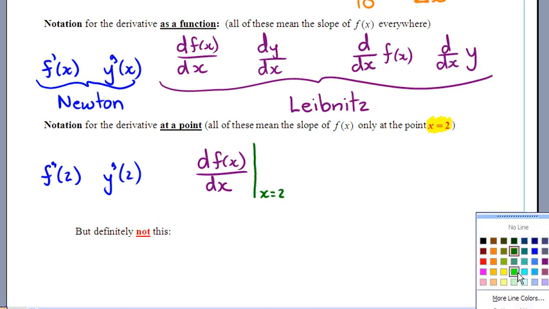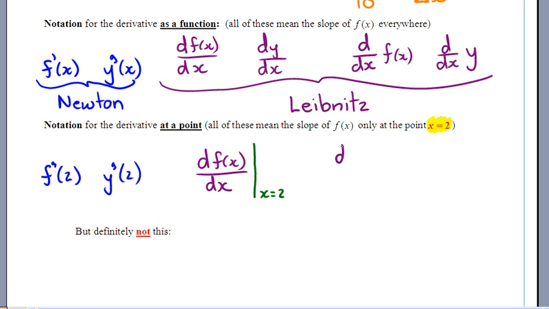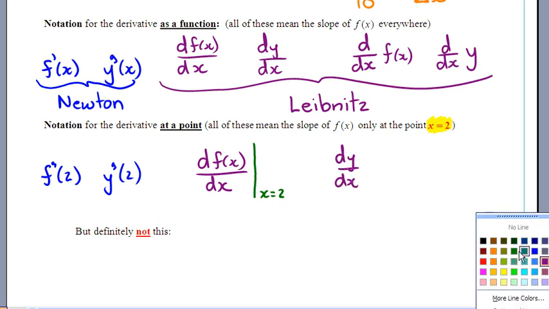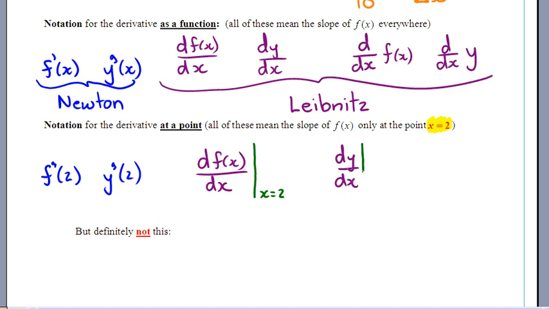Or he might write, hey, let's go and find dy dx, and once you've got that algebra, can you go and evaluate it at the moment when x is equal to 2? And yeah, you can pull the function down out front. You could say, can we go and do a derivative, please, of f of x? And then when you've got that, could you please go and evaluate it at x is equal to 2?